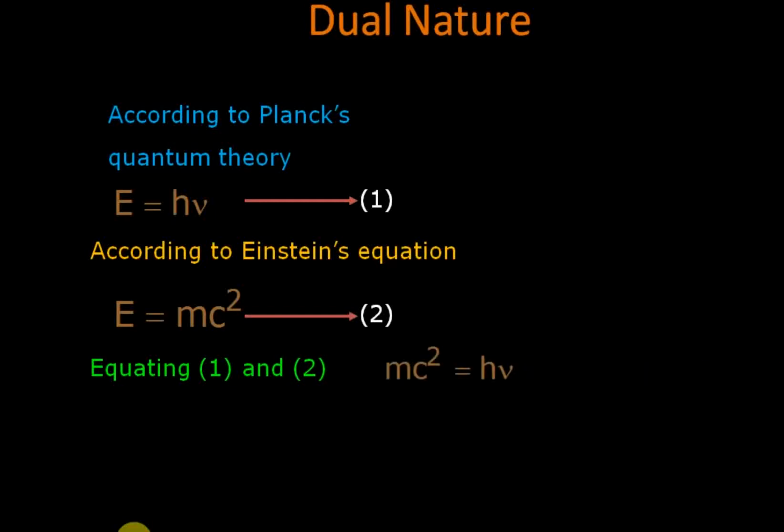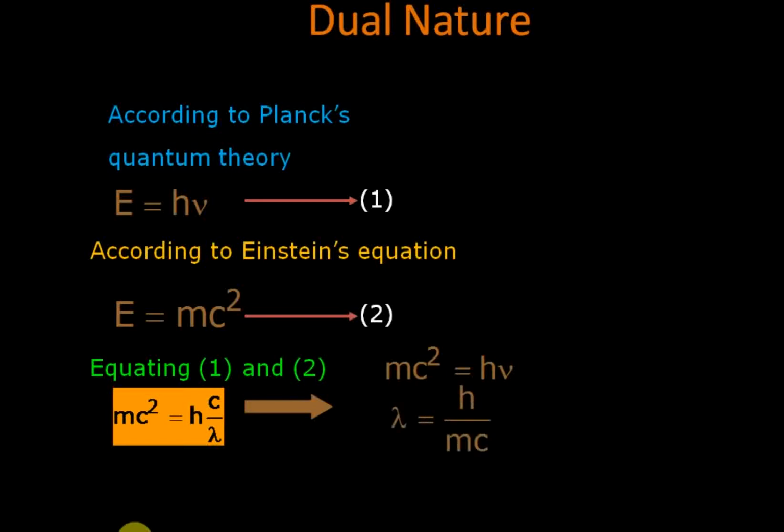Now, on equating these two, we have mc square is equal to h nu, or mc square is equal to h into c upon lambda, where nu equals c upon lambda. So lambda is equal to h upon mc. Here mc is the momentum of the photon and h is Planck constant.